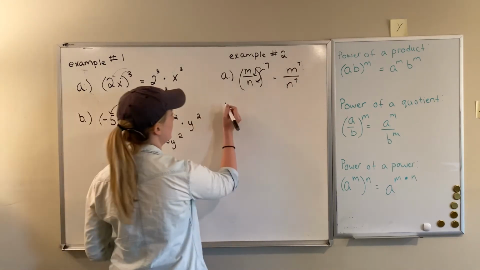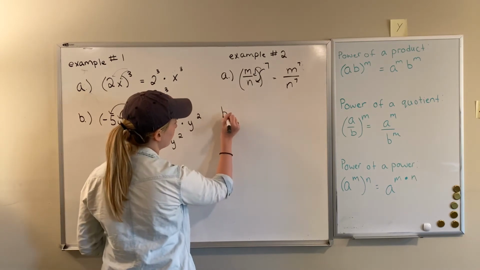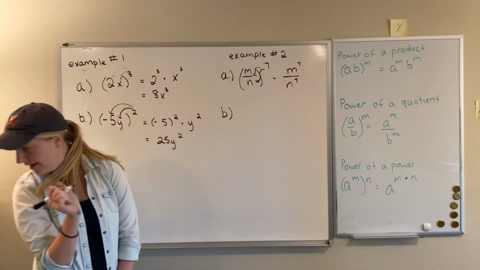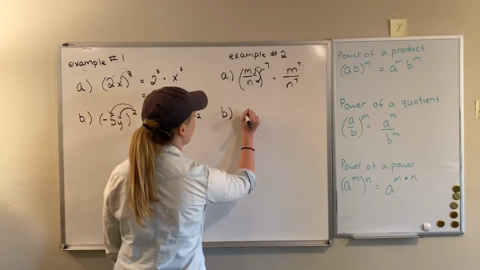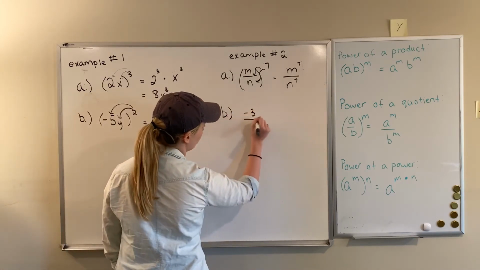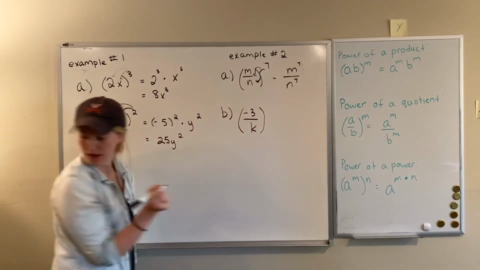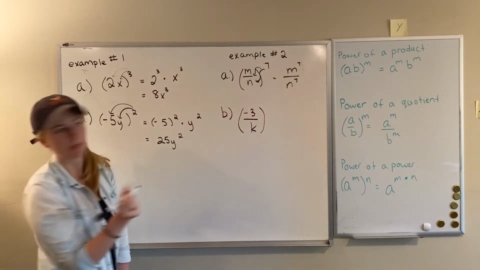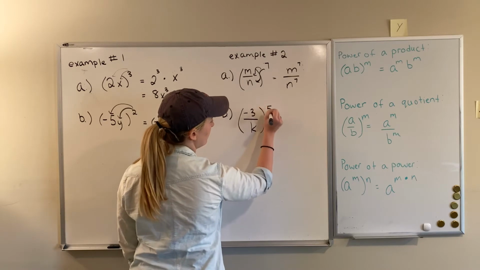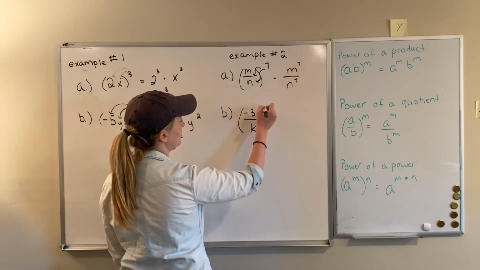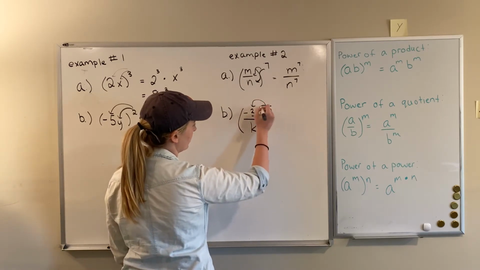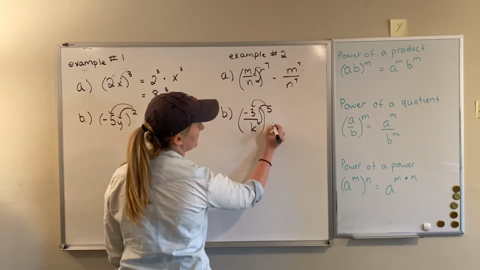For B, we have negative 3 over k, all being raised to the power of 5, I believe. Yep. The power of a quotient says take your 5, or your exponent, and distribute it to everything on the inside.